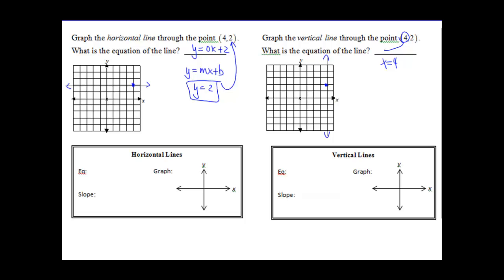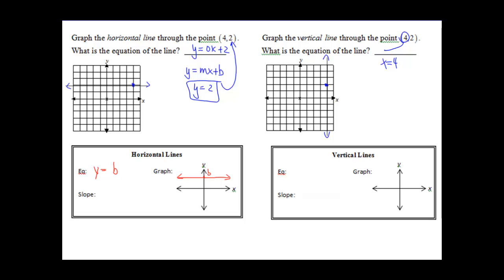Okay, so two little boxes down here where it says horizontal and vertical lines. What we can do is say, well, we have an equation. If we know it's a horizontal line, we know that our equation is y equals b. In other words, whatever the y-intercept is. So if we take our line, we'll call this our b, or our y-intercept.